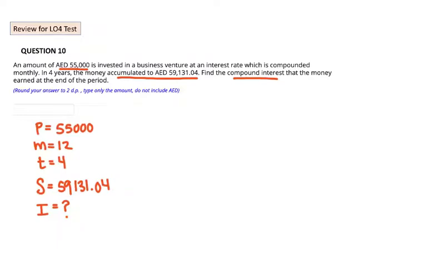Now, if you'll notice, they did not give us an interest rate. So let's think about an equation with I and any of these. Let's do S and P. We know that I equals S, the future amount, minus P, the present value. So actually, we don't need the M or the T or the R in this case.